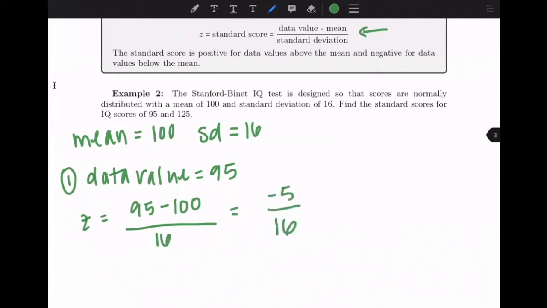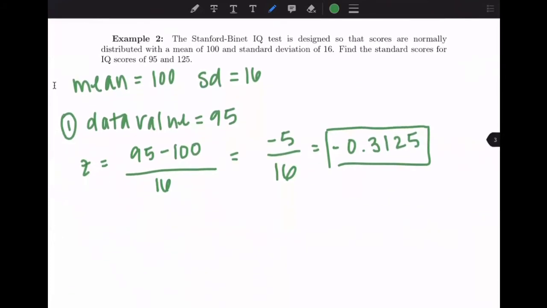Then we need to do -5 divided by 16, and you should get -0.3125. So that is the standard score, or the z-score. They are the same thing.